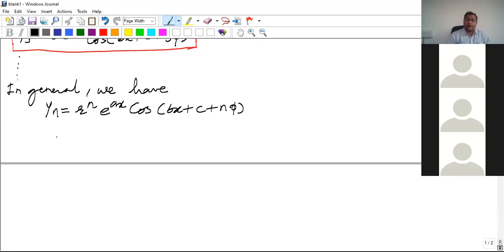Now the thing is that r and phi are not given to us. These are not terms given in the expression. So that's why, since we have introduced these terms, we have to mention what r is going to be. r is going to be the square root of a square plus b square.